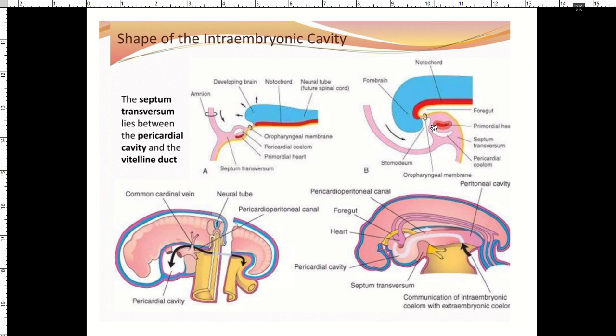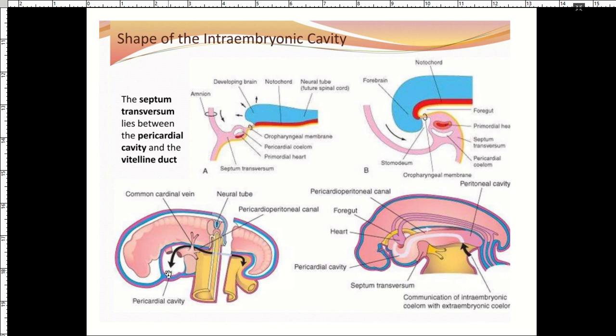You can appreciate that the oropharyngeal membrane is now cephalic to the primordium of the heart, which is what we find in the normal human being. You get your mouth, right? This is the stomodeum, which will form the opening of the mouth later. So you can now see that your mouth has to be cranial to your heart, right?